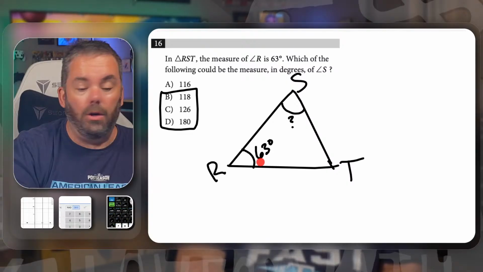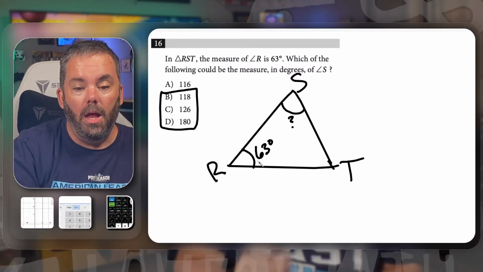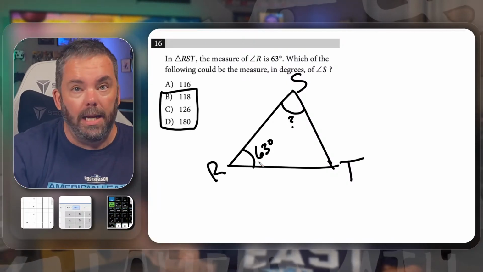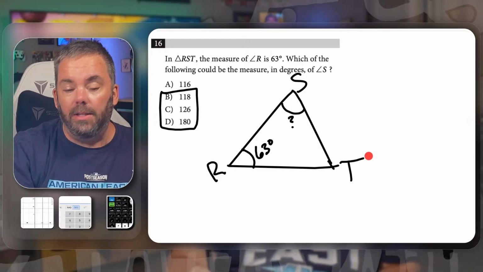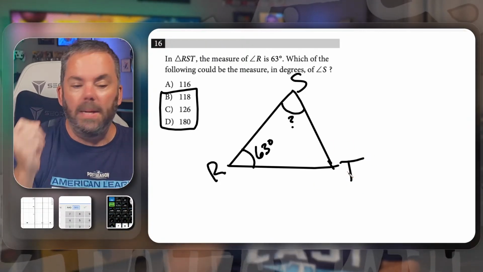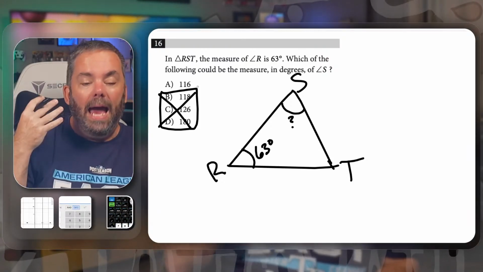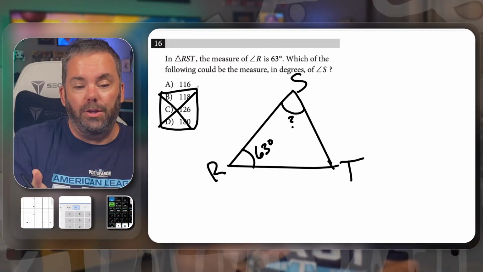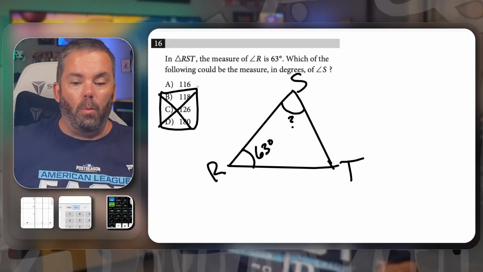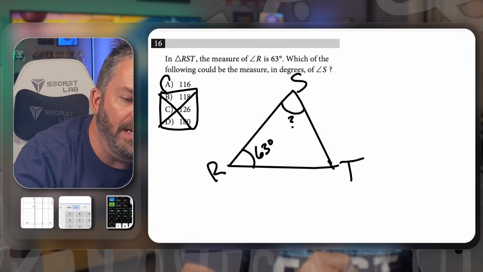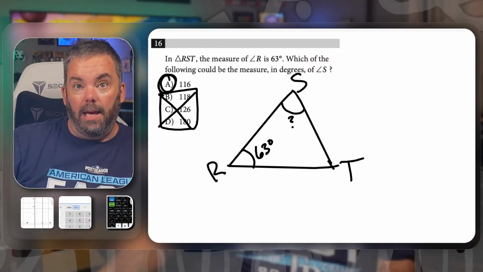If we add 118 and 63, then you're already more than 180 degrees. And we haven't even counted this third angle yet. So B, C, and D, all of these are too big. Because if you add any of those to 63 degrees, you're already over 180. So the only one that doesn't break is A, right?